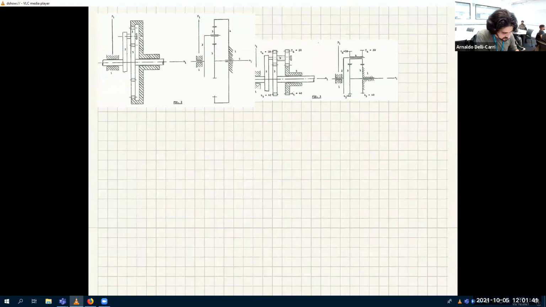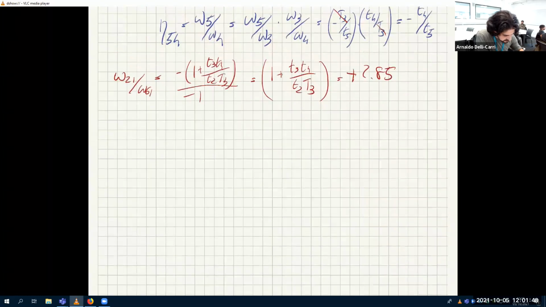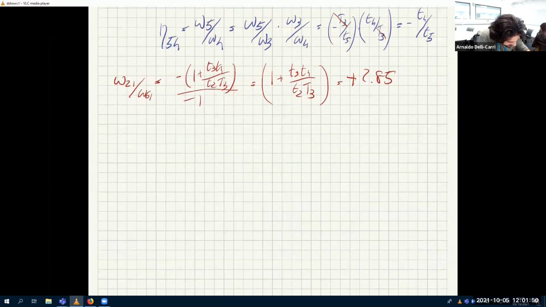So let me go here. Let me grab these and put them down. Then I'll give you a break. Don't worry. So that means that omega 6, 1, which is the output omega, is omega 2, 1 over 2.85.